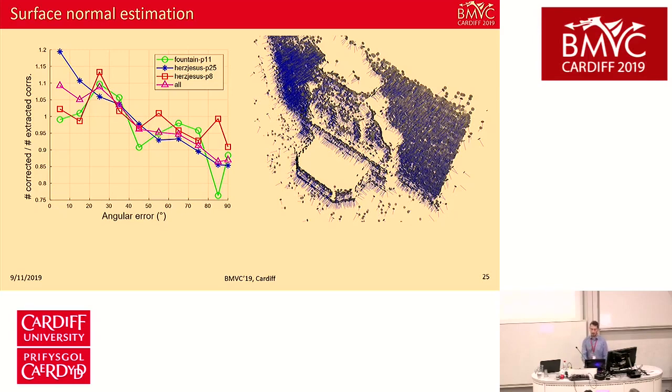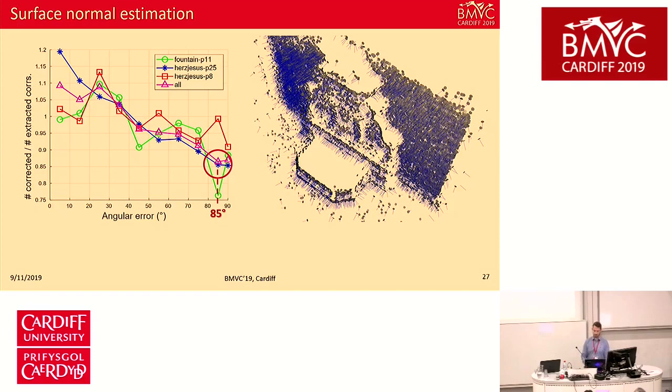The right-hand side, around 90 degrees, is really bad. So our evaluation showed that for a small error like 5 degrees, we were able to increase the number of normals estimated to such low error by 20% and reduce by 15% the number of surface normals with really bad errors.